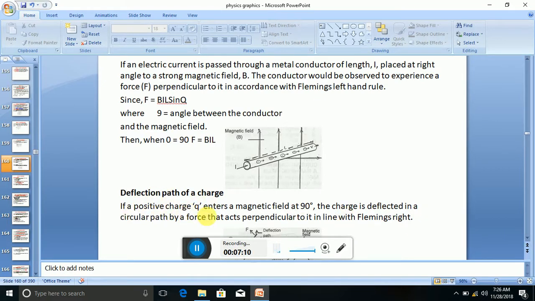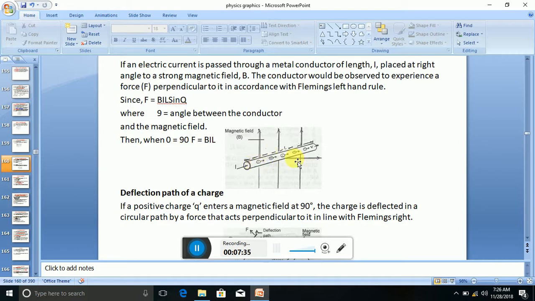If a positive charge Q enters a magnetic field at 90 degrees, the charge is deflected in a circular path by a force that acts perpendicular to it in line with Fleming's rule.